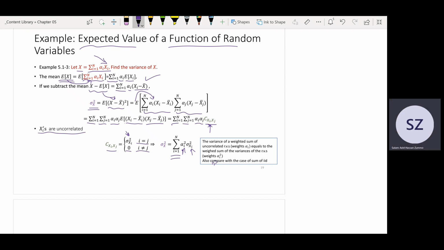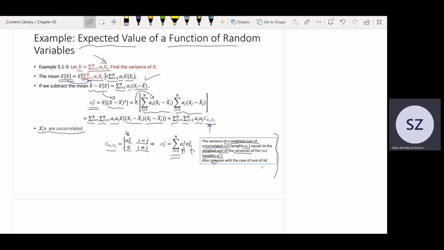Okay, so in this summary, the variance of a weighted sum of uncorrelated random variables with weights alpha i equals the weighted sum of the variances with weights alpha i squared, whereas the mean was the weighted sum of the mean values.